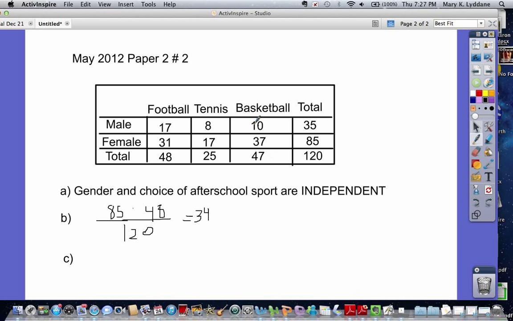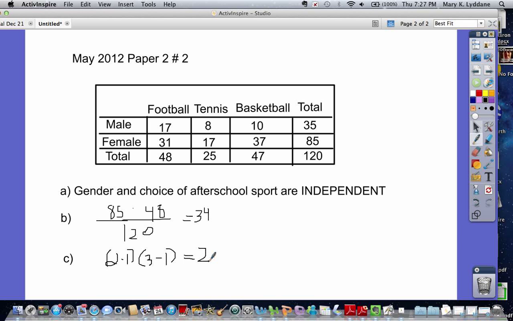Those two total columns don't count as a row. So we have 3 columns and 2 rows. So you've got 2 minus 1 times 3 columns minus 1. So that's 1 times 2 is equal to 2. So the number of degrees of freedom in this problem is 2.